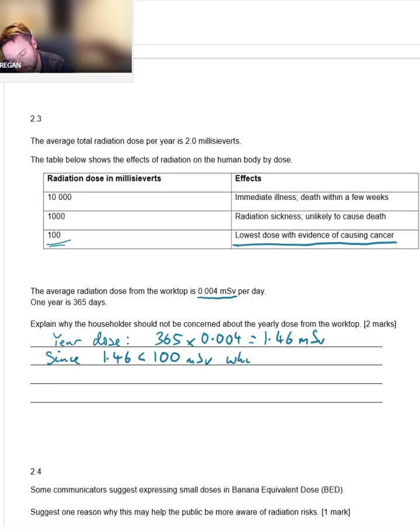But all we need to state is the lowest dose. So I've said 1.46 is less than 100, which is the lowest dose. I'm now just repeating essentially what it says in the table. Lowest dose with evidence of causing cancer.